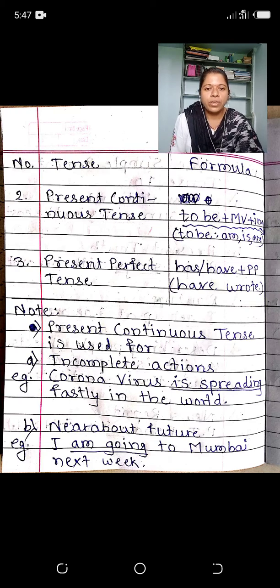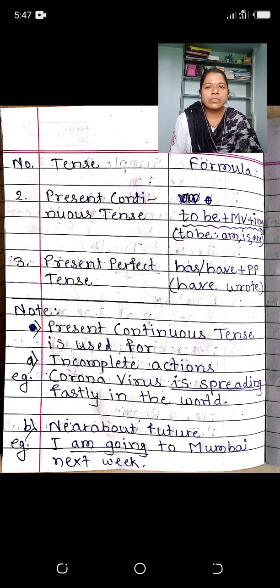For example, coronavirus is spreading fast in the world. It means it has not stopped yet, but it is spreading fast, not only in India but all over the world. So the action is not completed yet, and so we have used present continuous tense here: is spreading.